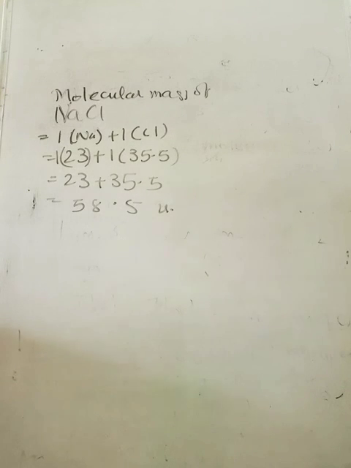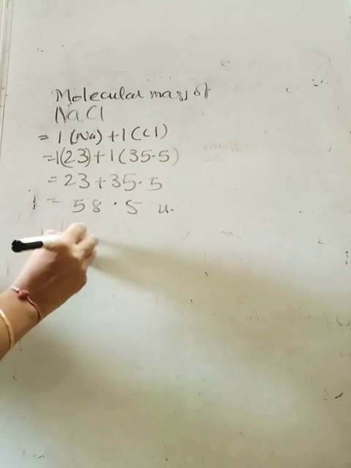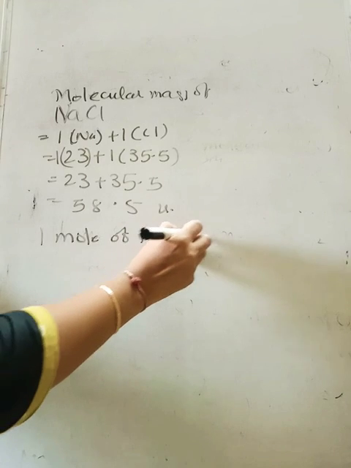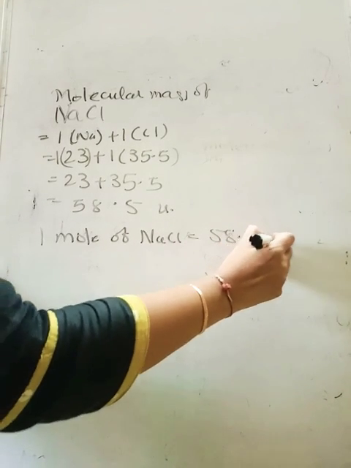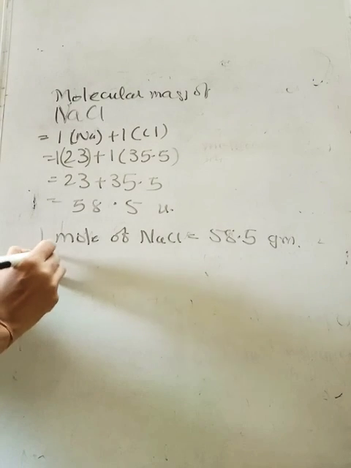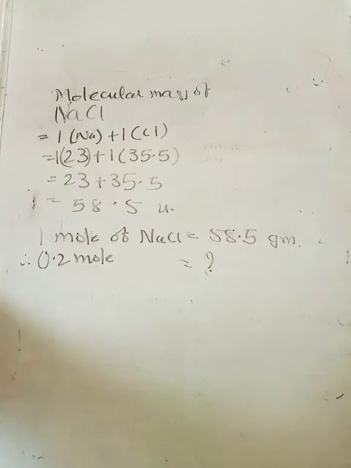So that means what? One mole of NaCl is 58.5 grams, isn't it? But how much do you want? Therefore 0.2 moles is how much?